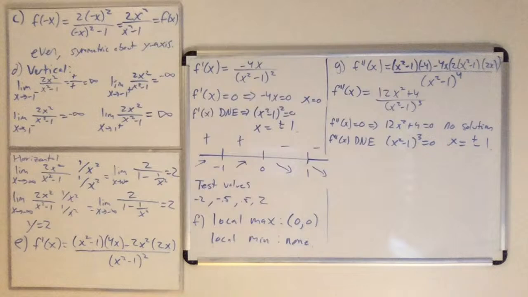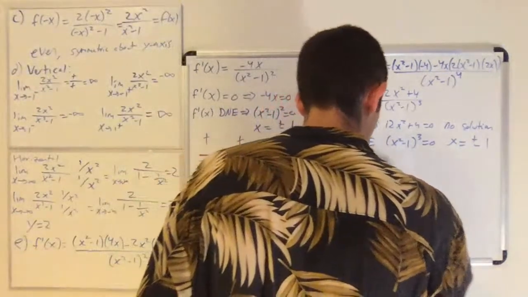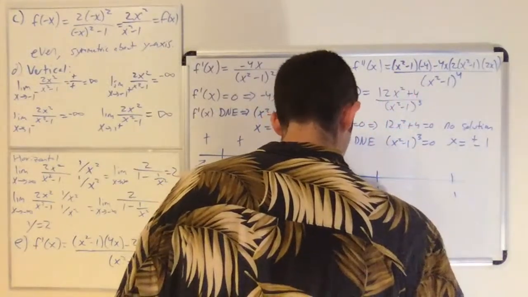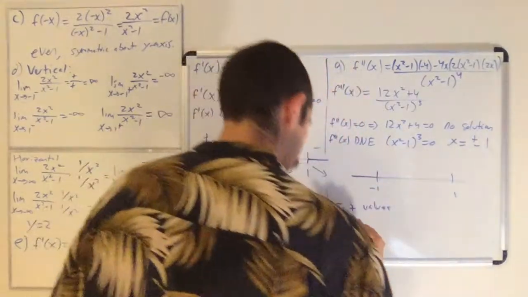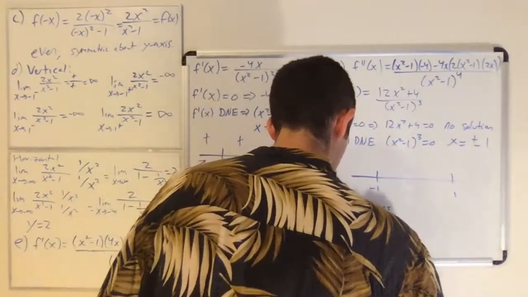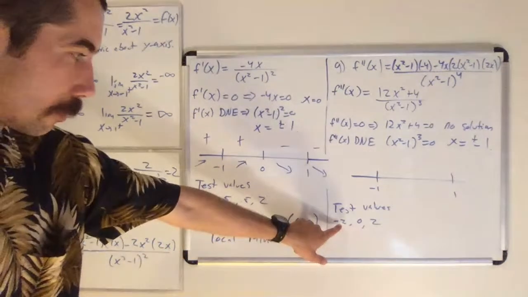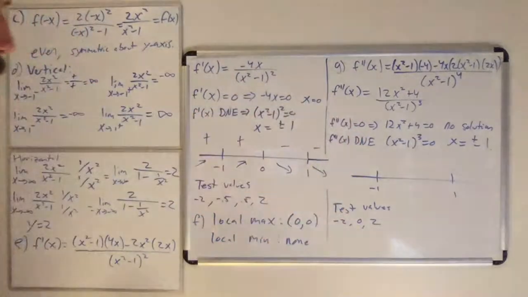So we have plus or minus 1, again, as when our second derivative doesn't exist. Okay, and so now our test values, which we'll plug into our second derivative, will be -2, 0, and 2.